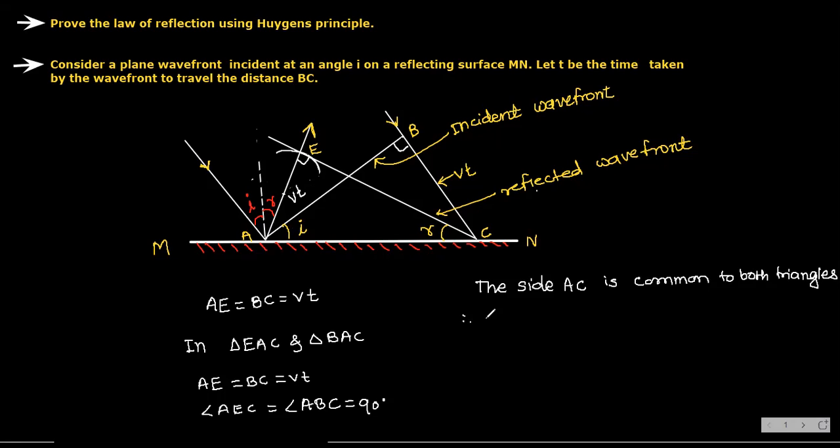And therefore, triangle EAC and triangle BAC are congruent, and therefore angle I and angle R would be equal.